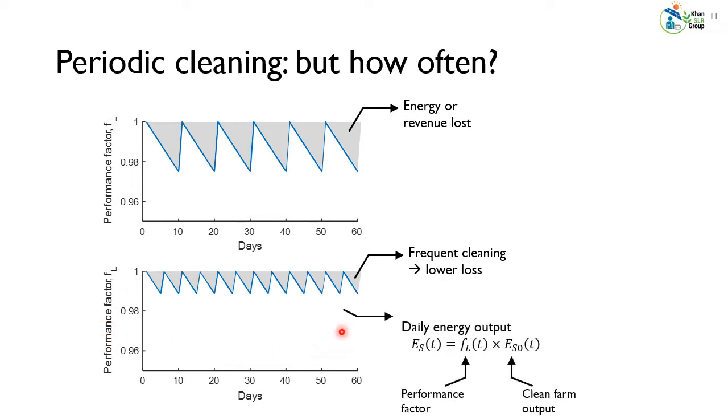Now, the area under the curve represents the energy output, right? You can multiply the performance factor with a clean farm output, and that gives you the daily energy output. Once you sum it over the whole year, you get the energy of these panels over the whole year.